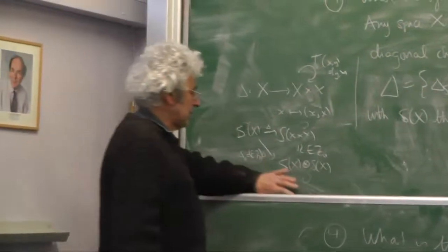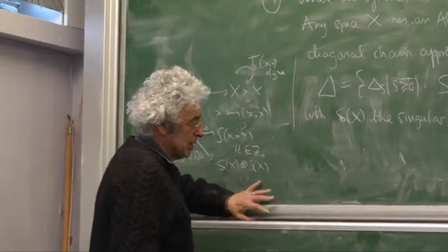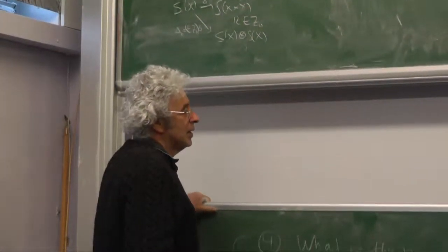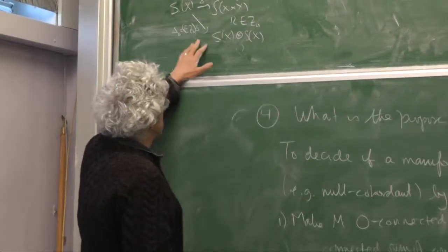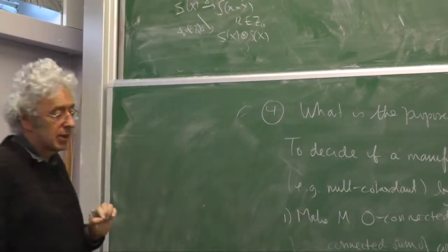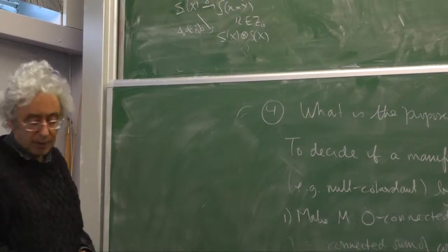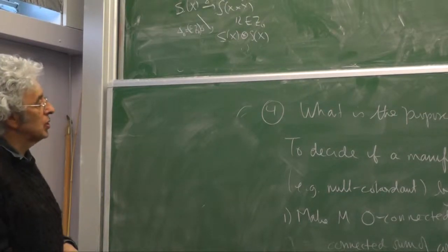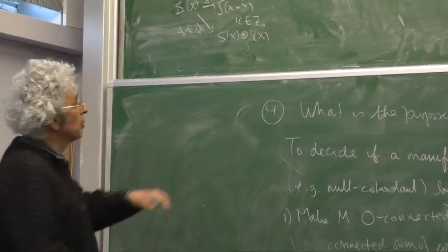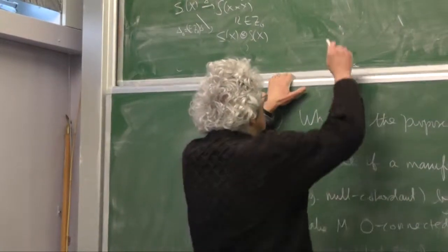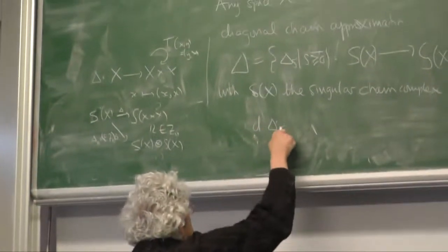That's okay. But this whole business is made more complicated by the fact that the diagonal chain map is only chain homotopic to its transpose, but not actually equal. And the failure to be equal to its transpose, well, that's what the higher delta S's are. So let me just write down exactly.